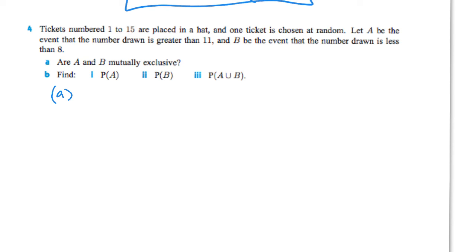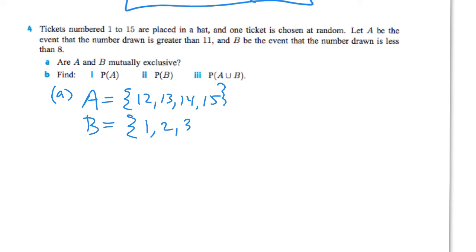For part A, let's write out set A, number drawn is greater than 11, so that'll be 12, 13, 14, 15. And then set B, the number is less than 8, so that'll be 1 to 7. So yes, A and B are mutually exclusive. They share no outcomes.